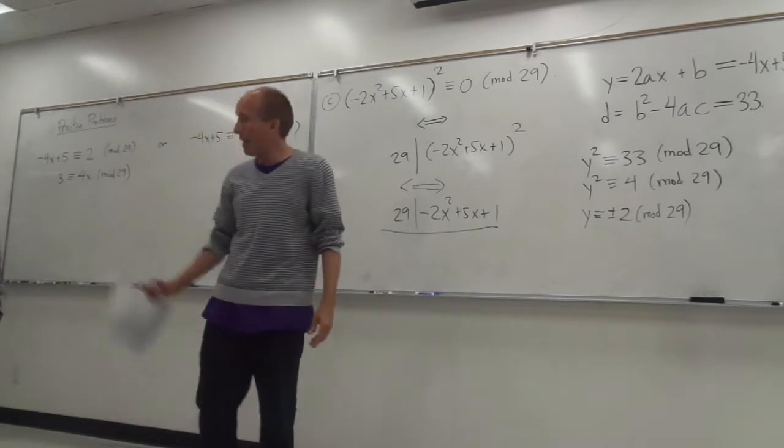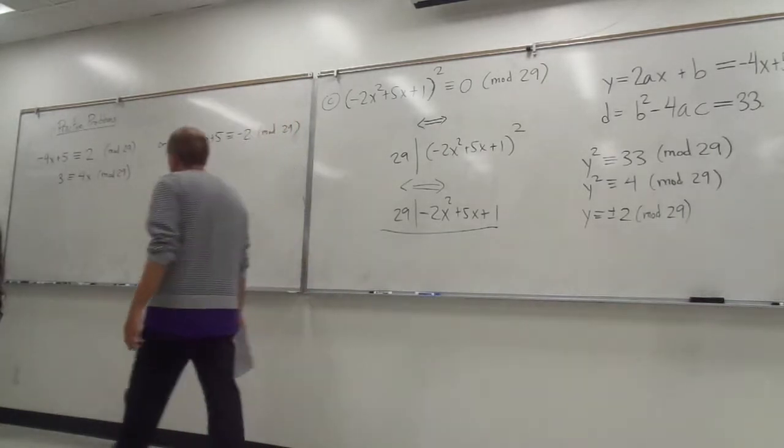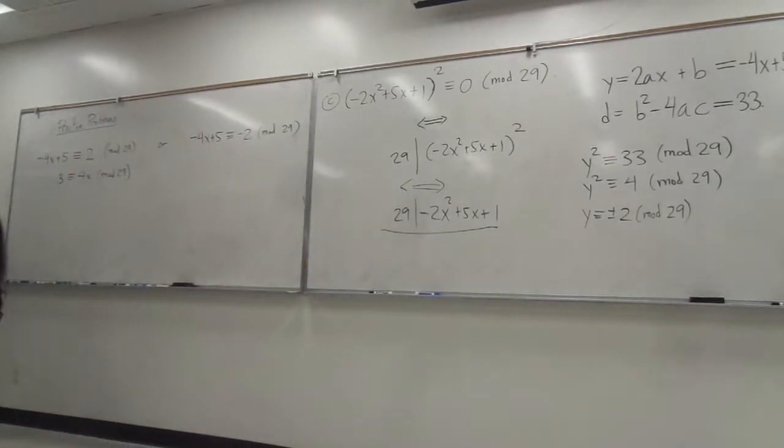It is negative 7, yes. Because 7 times 4 is 28, but I need negative 28 because that's the same as positive 1. So I'm going to multiply by negative 7 here, and that's going to give me x. In other words, that's the same as positive 8. So x is congruent to 8. That's one solution.